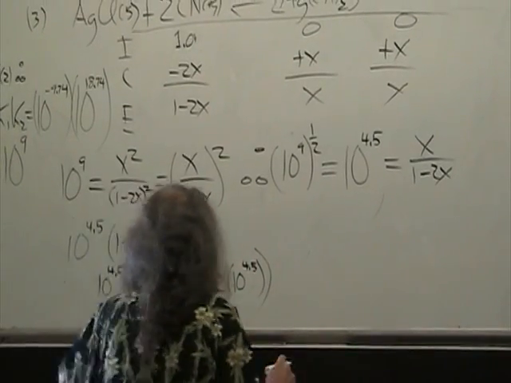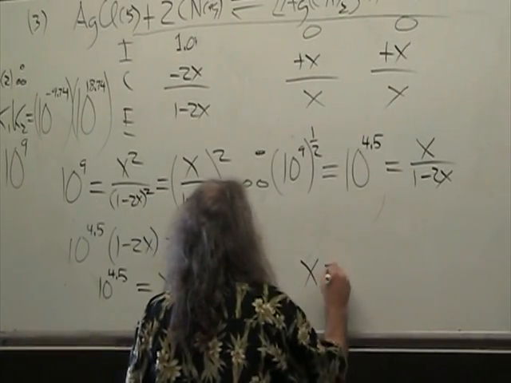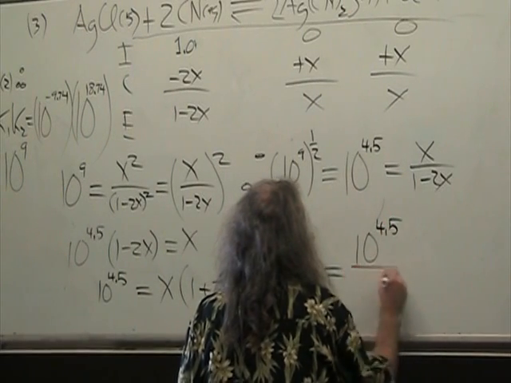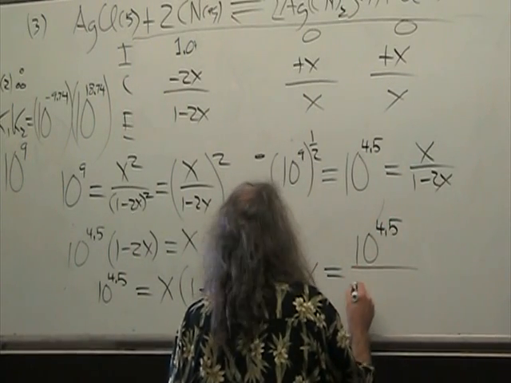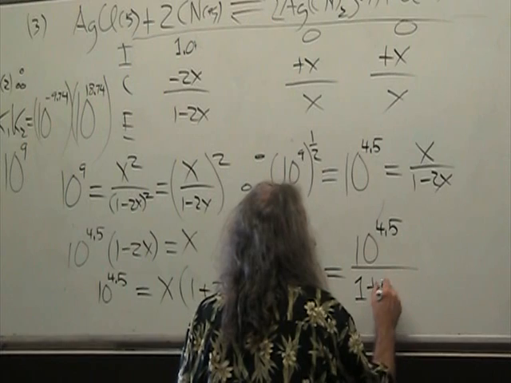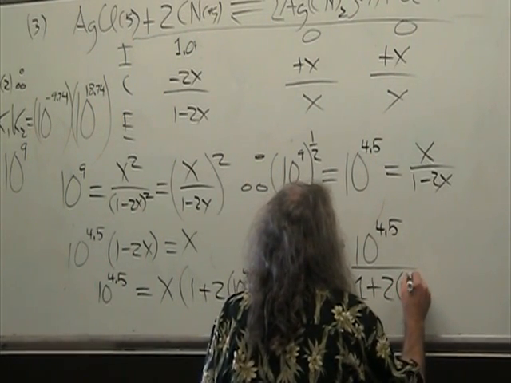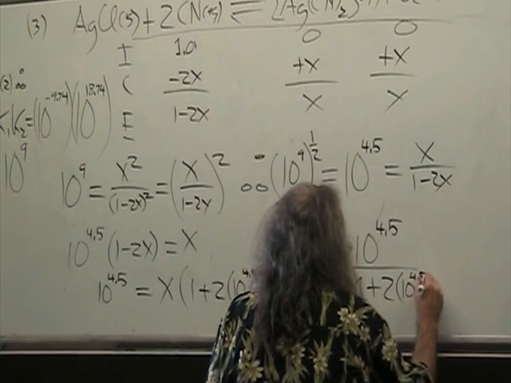And then x is equal to 10 to the 4.5 over 1 plus 2 times 10 to the 4.5.